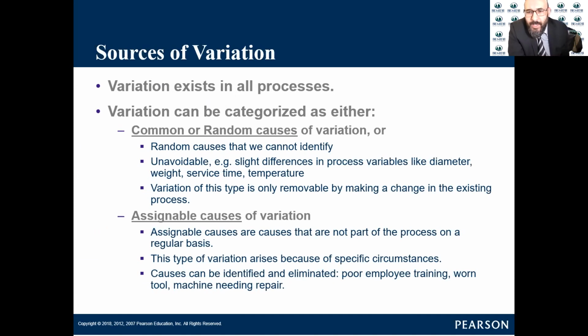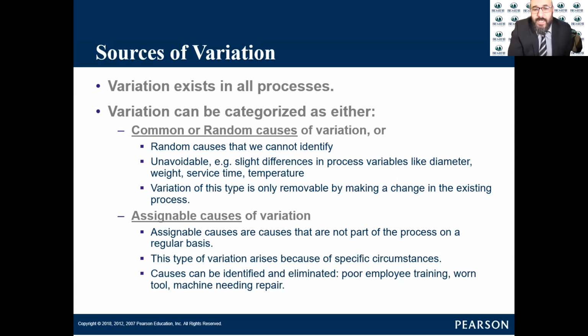If you want to avoid it, you have to redesign the whole process. It's just a slight difference in the process, such as diameter, weight, service time, or temperature. Variation of this type is only removable by making a change in the existing process. So you can remove it, but you have to change the whole process.